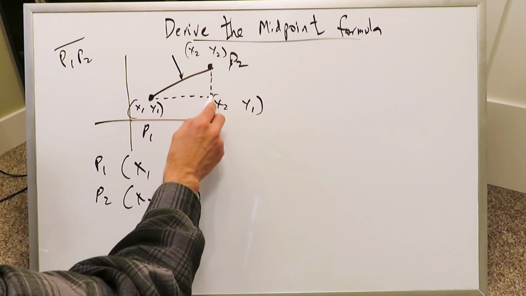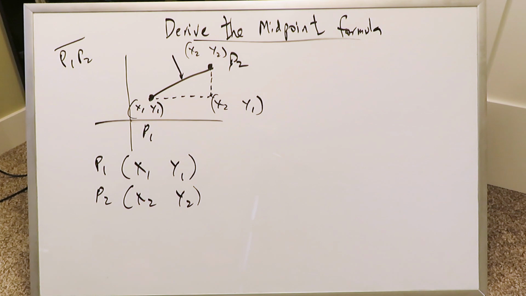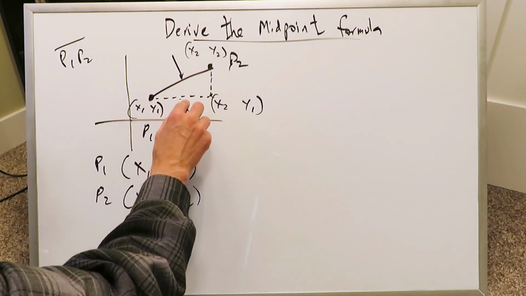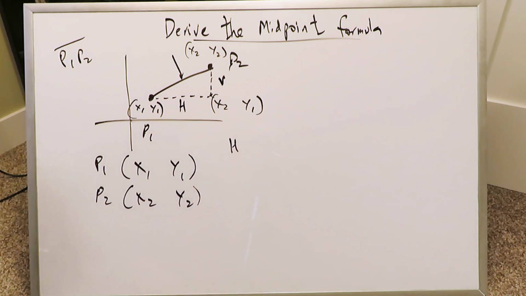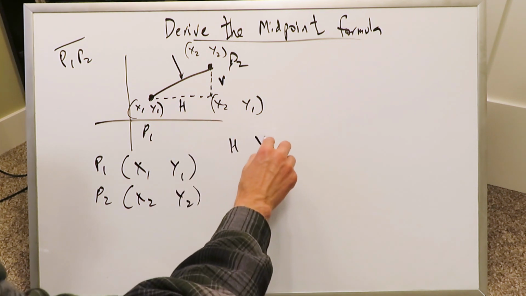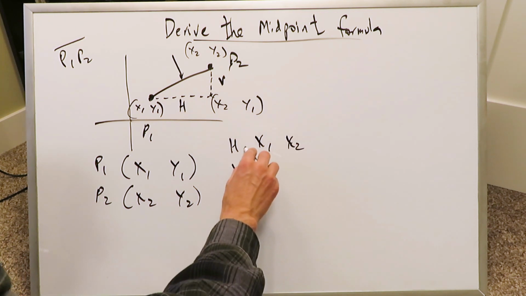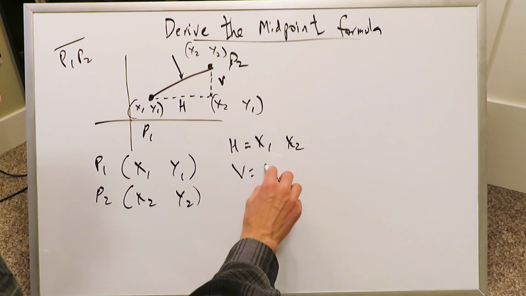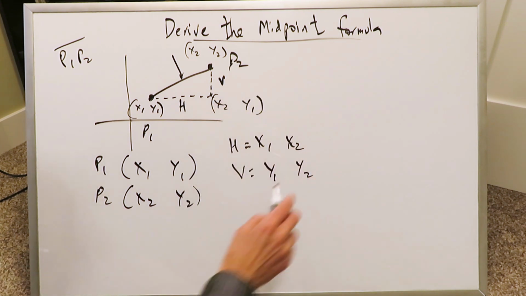We've moved from x1 to x2 and then we move from y1 to y2, and that's the coordinate pair. Let's identify this horizontal line as h, and the vertical line as v. If you're looking at the horizontal line, the reference points which are relevant here are x1 and x2. When you're looking at the vertical line, the points which are relevant here are y1 and y2. Those are your relevant points.